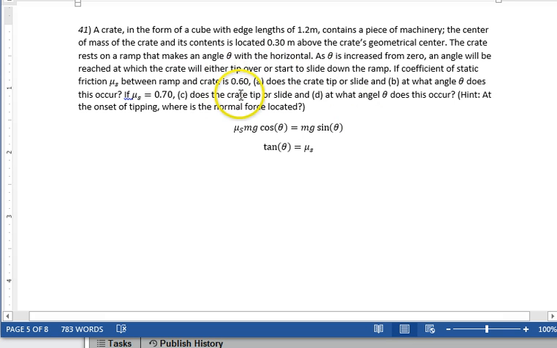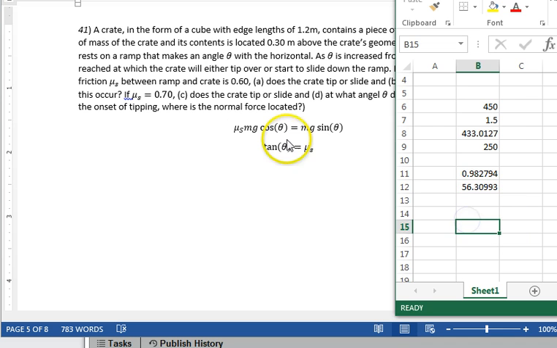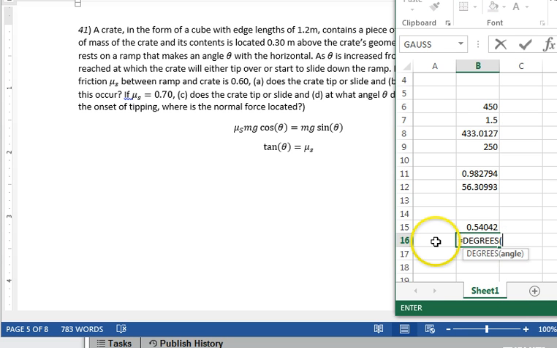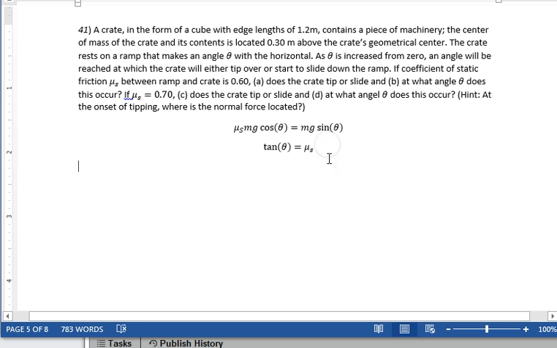Tangent theta equals mu sub s, right? So in the first case where tan theta is 0.6, take the a tan of 0.6, convert that to degrees, and we get 30.9 degrees, right?